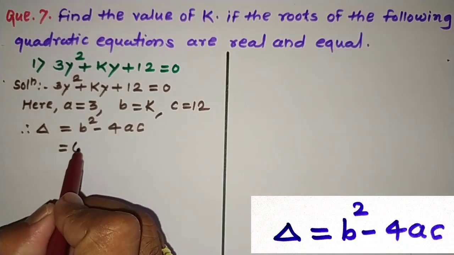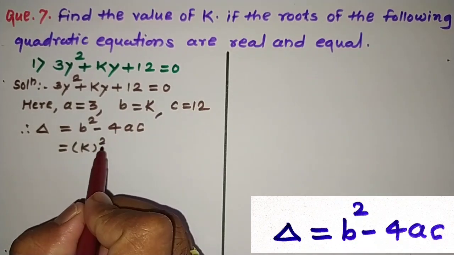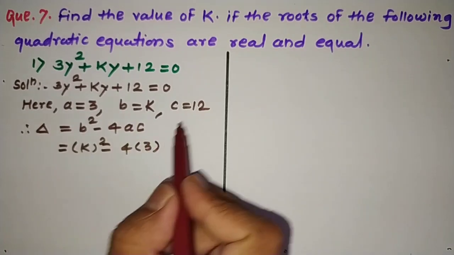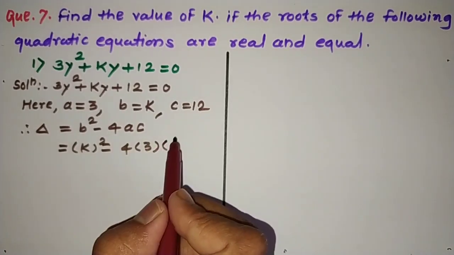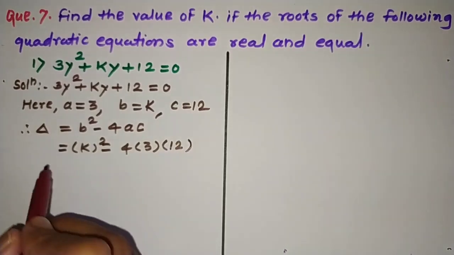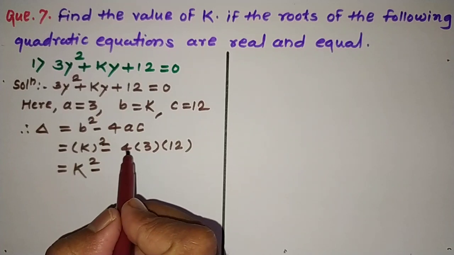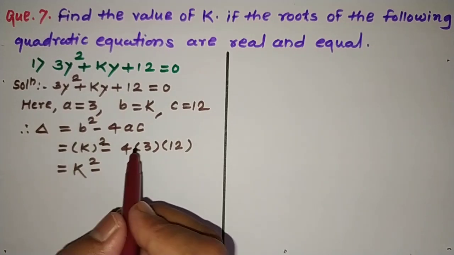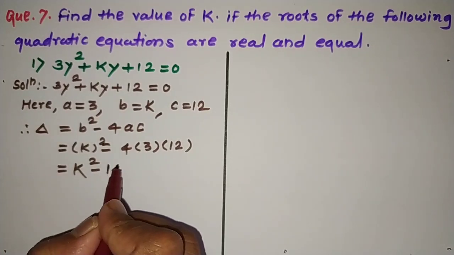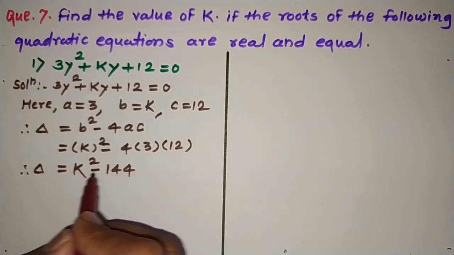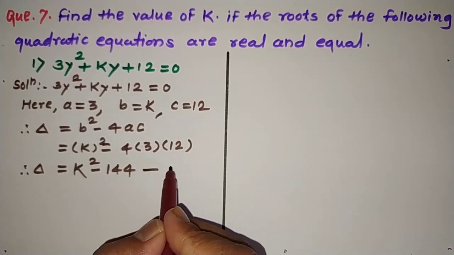Value of b is equal to k square minus 4 into 3 into c. Value of c is 12. K square minus 4 into 3 into 12 is 144. The value of delta is equal to k square minus 144.